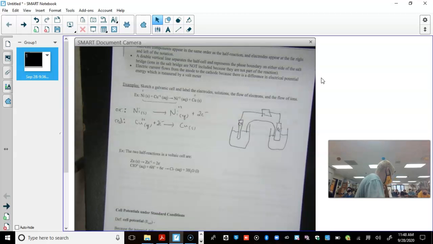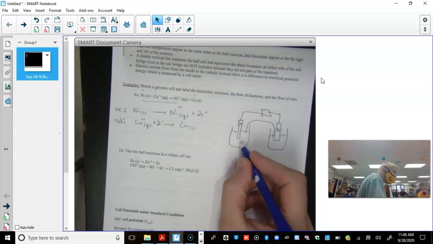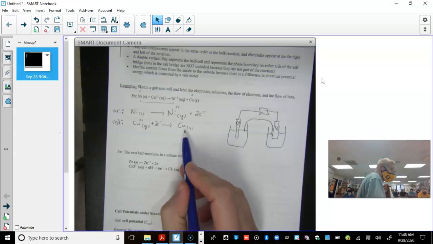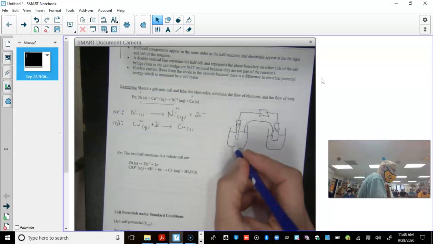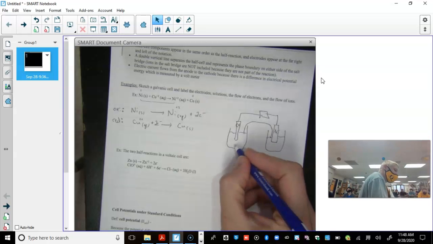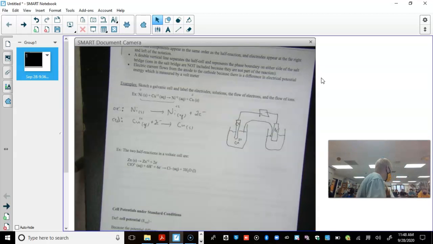And then the solution, what would be here? It doesn't give us a specific, so we're just going to put our copper 2 plus aqueous there.